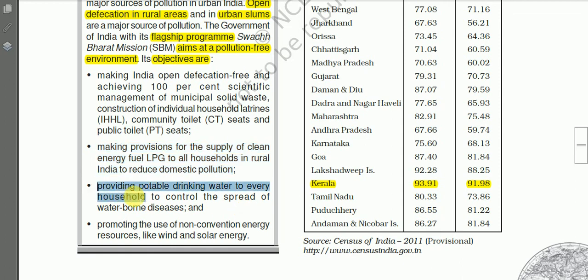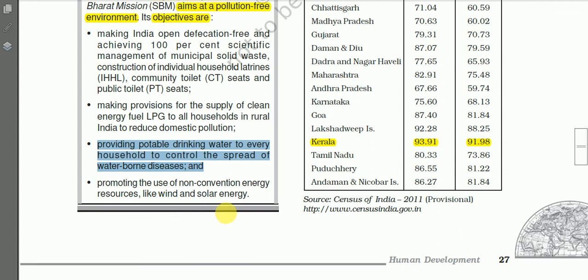Then another objective, providing potable drinking water to every household to control the spread of waterborne diseases. Last but not the least, promoting the use of non-conventional energy resources like wind and solar energy.